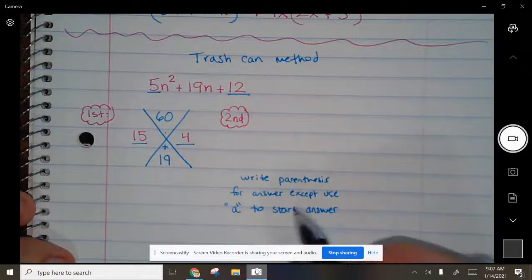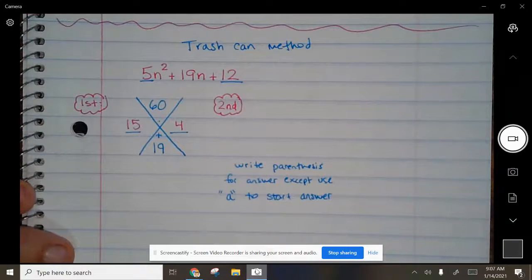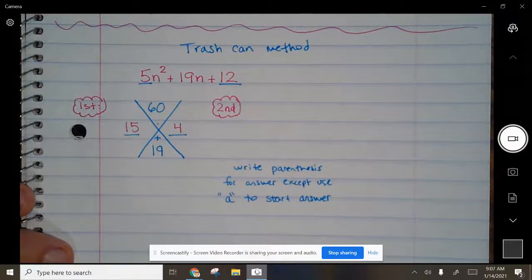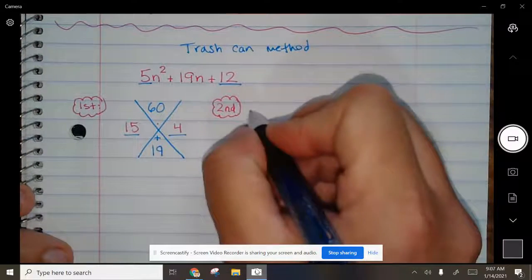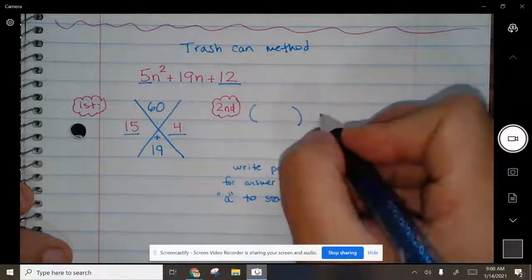Okay? Now, this looks confusing. Write parentheses for answer, except use a to start each parenthesis. No, the grammar doesn't sound good there. I'm doing this on the fly, but I want you to think about your parentheses here, of what you're going to have.